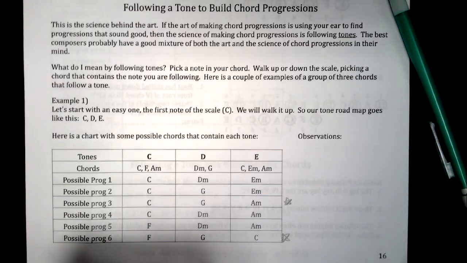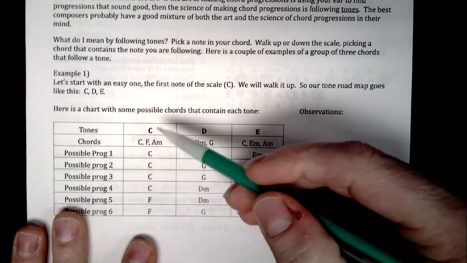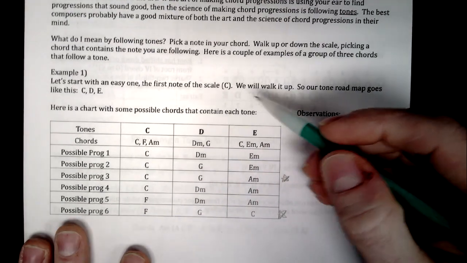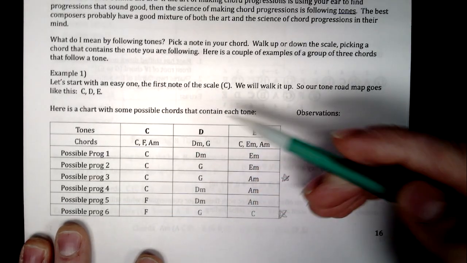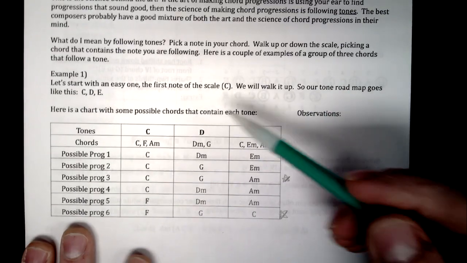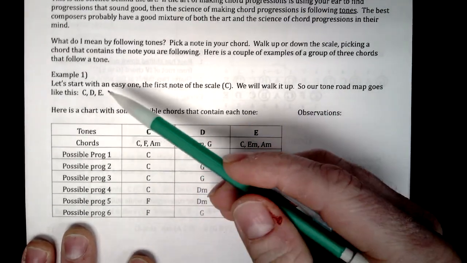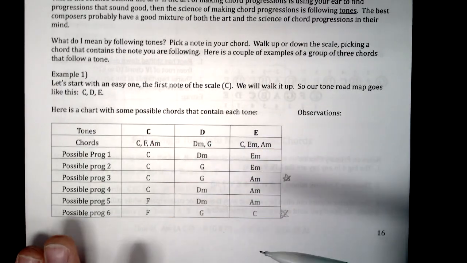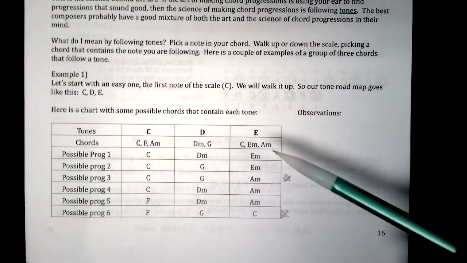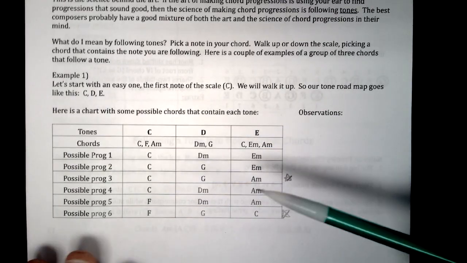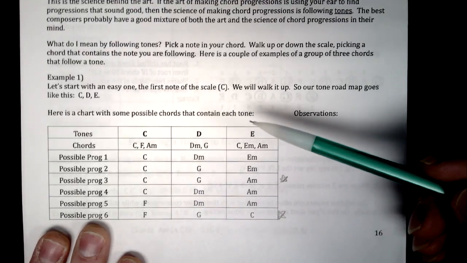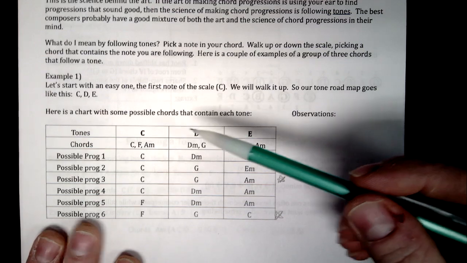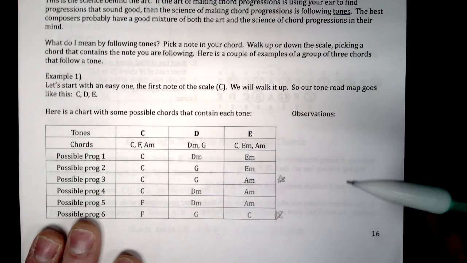Starting with an easy one, we'll just do this little walk-up with C to D to E. If you're starting to find a melody that you like, that you're trying to write a song to, or there's a song that you like, you're just trying to see how to do some other things with it, maybe make some different chords, other sounds to spice it up or remix it or whatever you want to call it, this is the science behind what's going on.